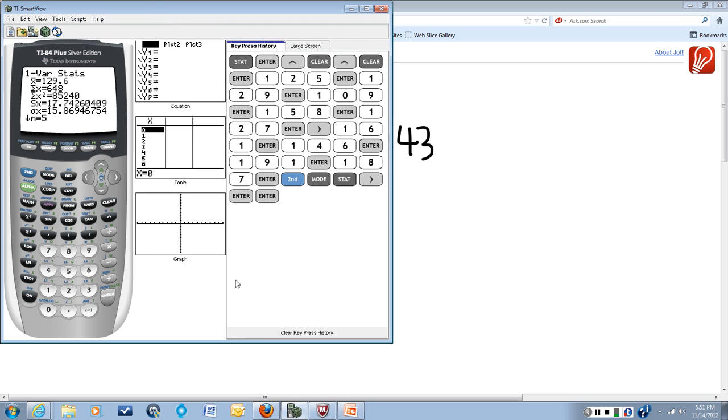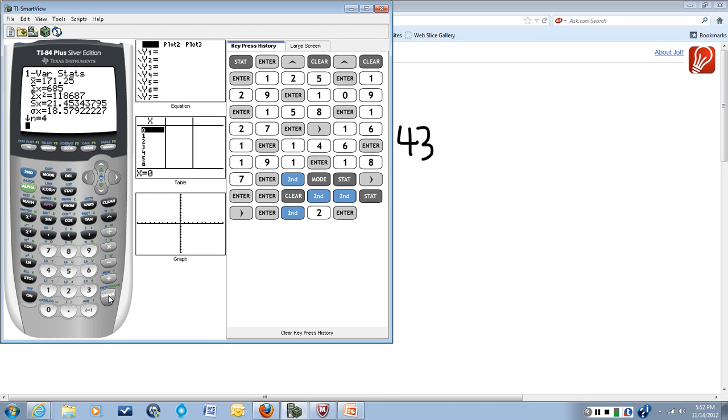For Highlight, I'm going to do the same thing with the one variable stats. Stat over to calc, one var stats, but now I have to ask it to do list 2. So I'll do second and list 2. And I'll hit enter.